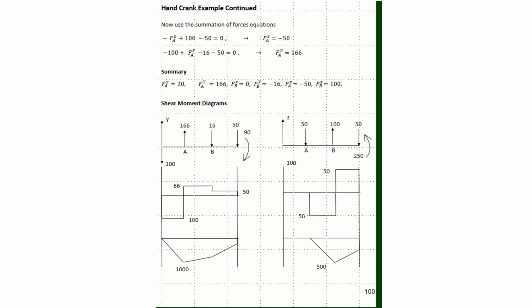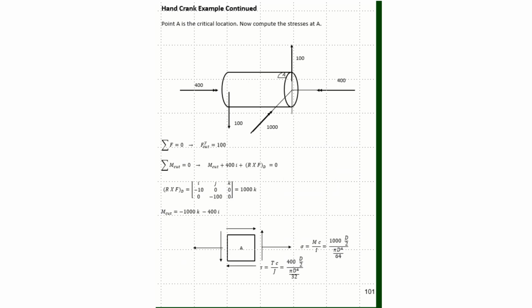So I'm now ready to look at point A, and to do that I can cut and look at the shaft from either direction. It makes sense to look at it from the left because there's a lot less shaft and beam going on.